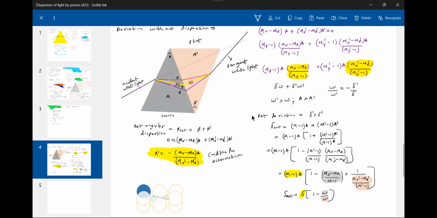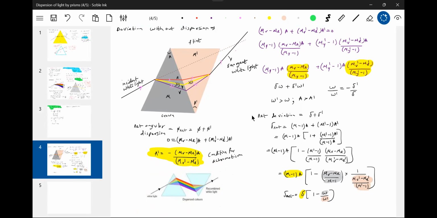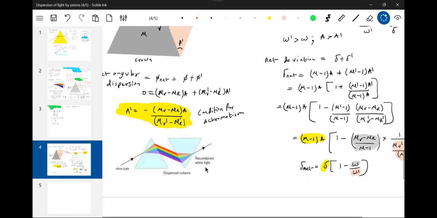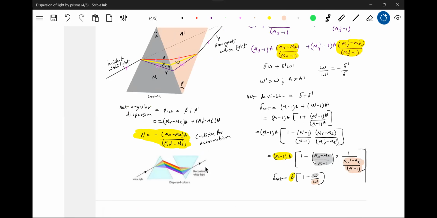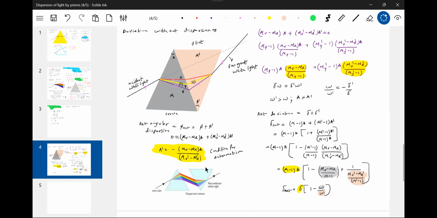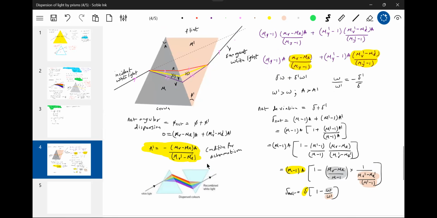Okay, practically, let me show some image which I took from other sources. Hope everyone is able to see the complete description.